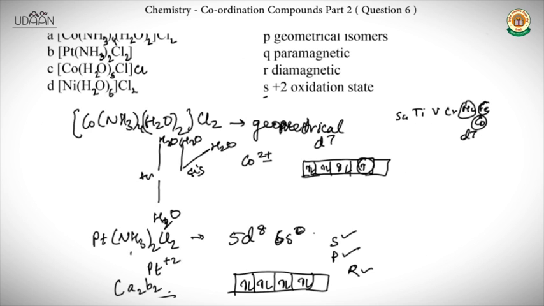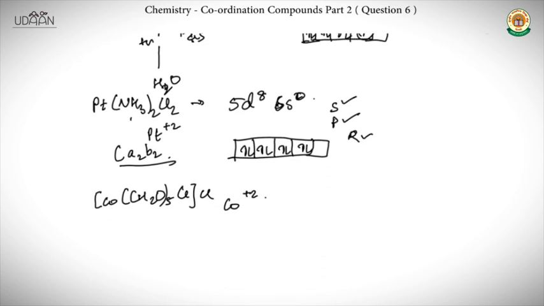The question had a modification, so please make this correction in the question itself. So now we have a Cl outside, so we have Co2+, hence S has to be correct again. This does not have geometrical isomers, obviously, because it has only one Cl, so you cannot have two sets of cis and trans locations. If you put Cl over here, all the others will be H2O, so it will always be the same. So you do not have geometrical isomers.